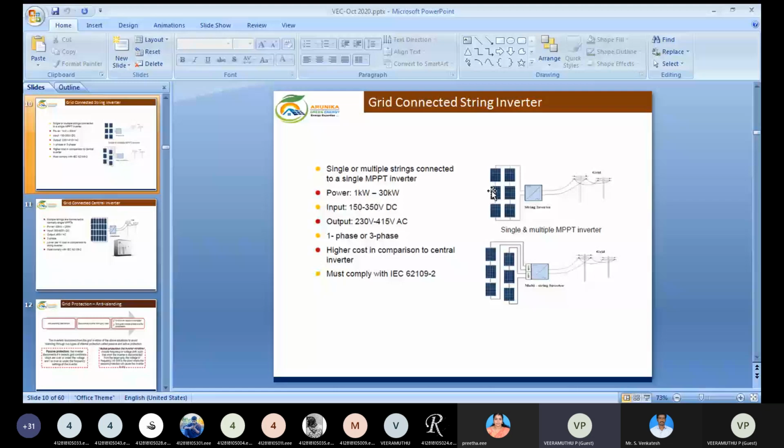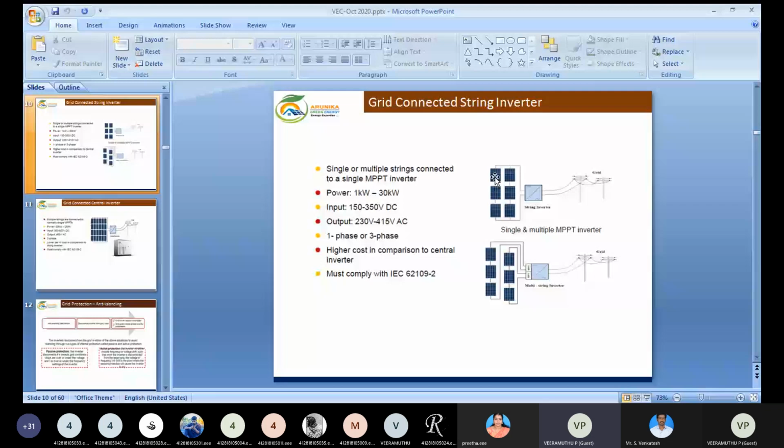Series connection means the output will be one positive and one negative in DC signals. Here the positive is connected together with the negative of another panel. So this is one positive output, one negative output.